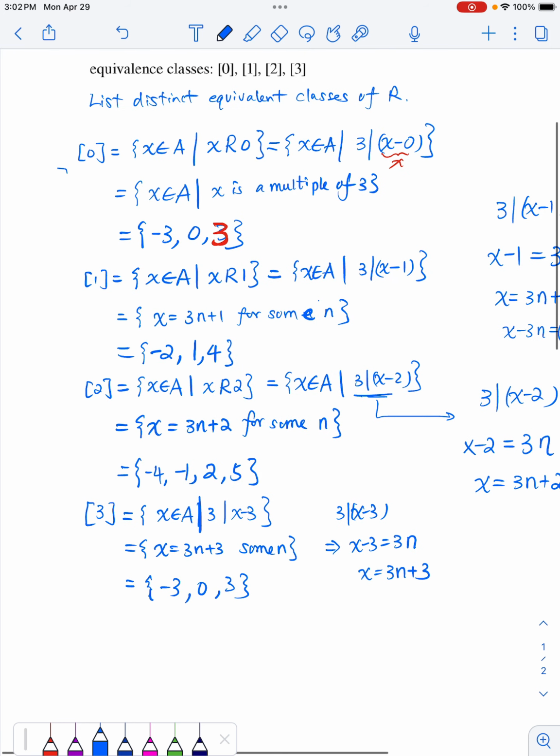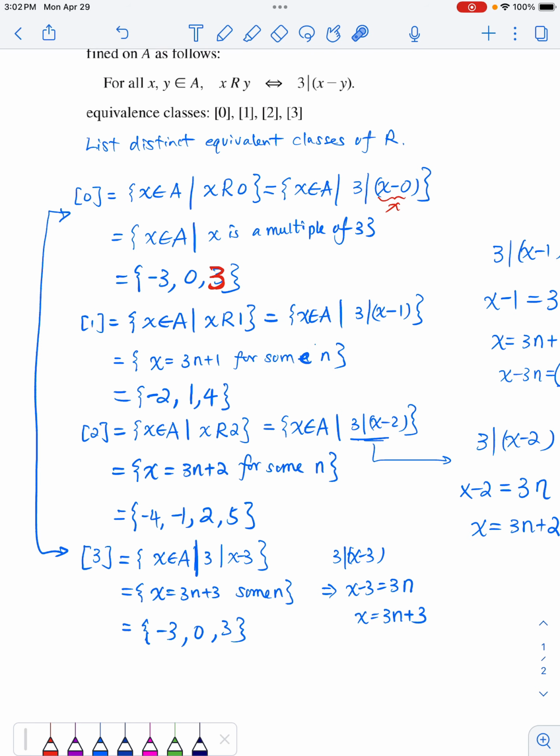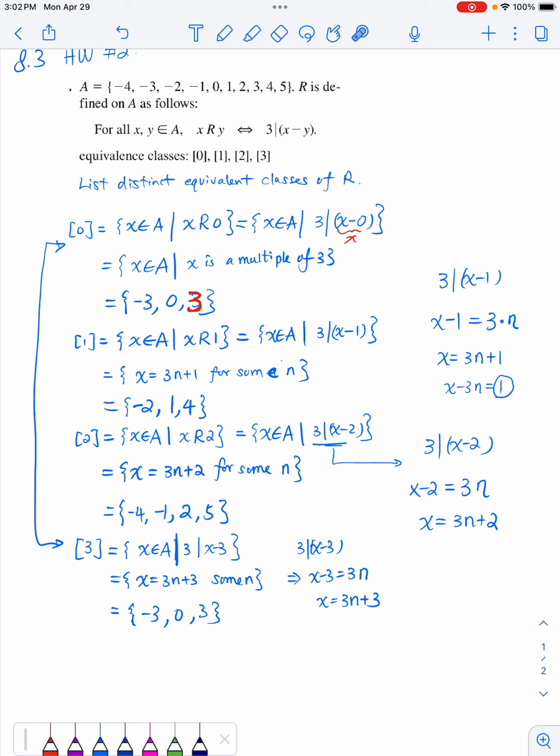And you can see that these two are actually identical. So therefore, how many distinct equivalence classes do we have? If you count, I think we have 10 numbers in set A. And let's take a look at the size of each class.